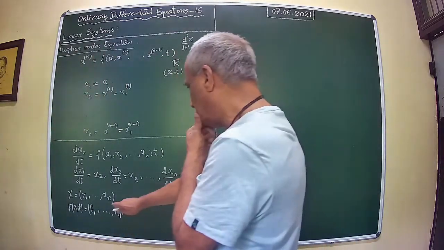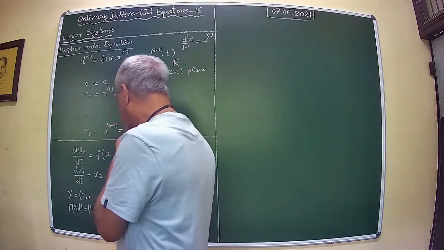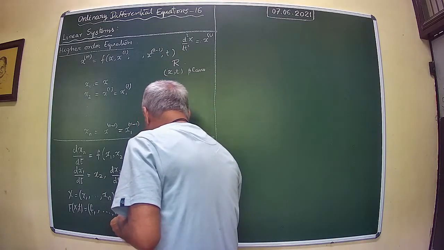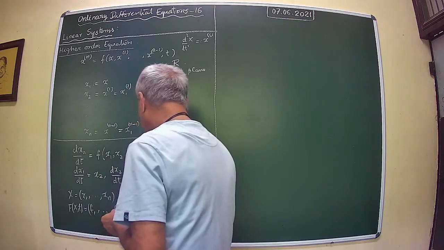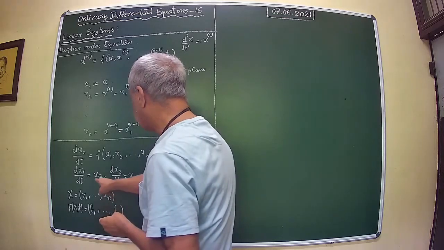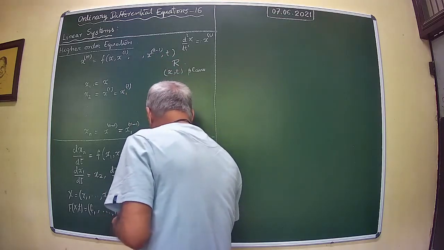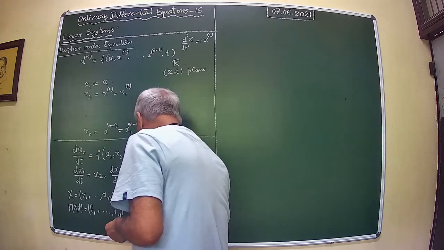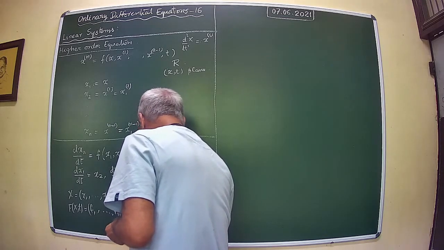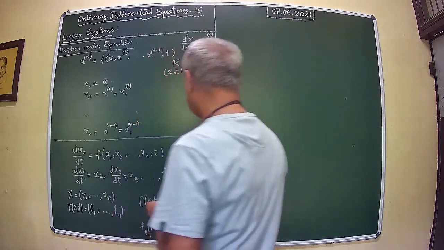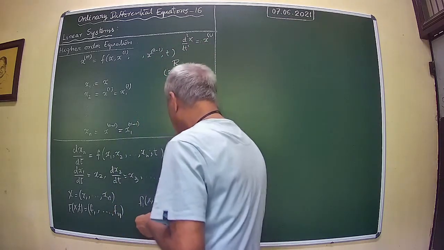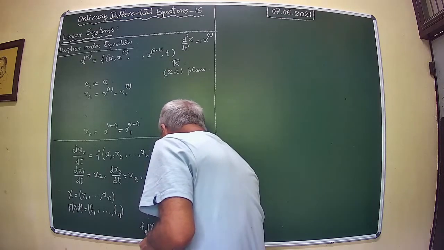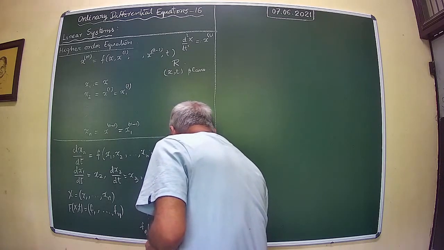So you have f of x, t is f1, f2, etc., fn, where f1 is equal to x2, etc., fn minus 1 is given by xn, and fn of x, t is given by f of x1, x2, etc., xn.